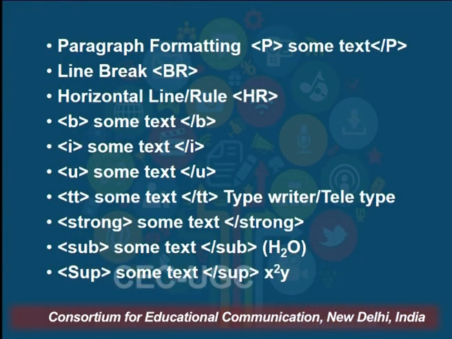TT basically stands for teletype, or a typewriter kind of font. So if you want some text to appear as if in a typewriter kind of font, you can use the TT tag. Then you have another tag, which is the strong tag. Strong basically means that the text is going to appear bold. So the effect of the strong and the bold tag is more or less the same.